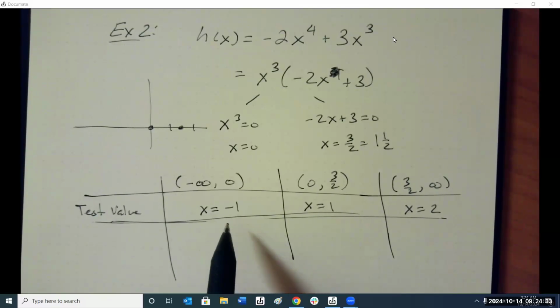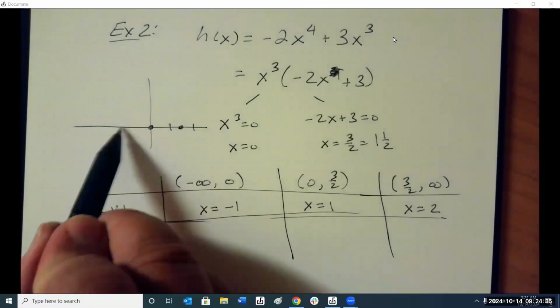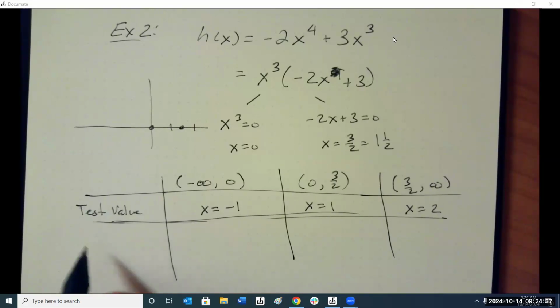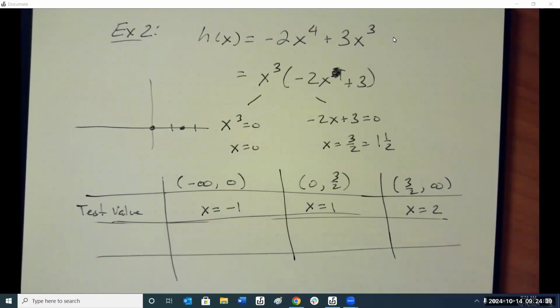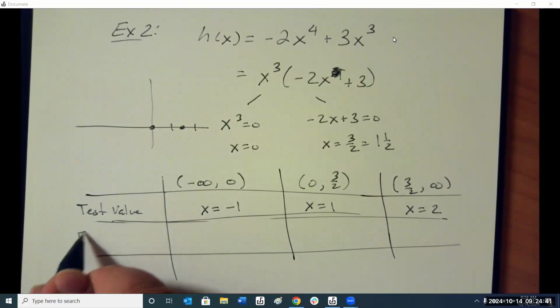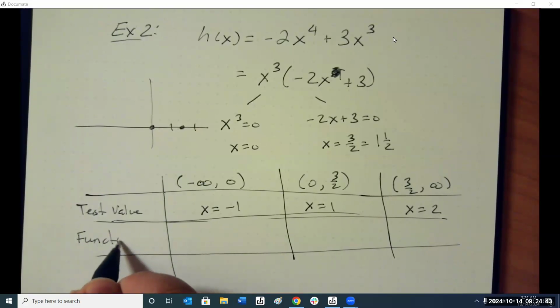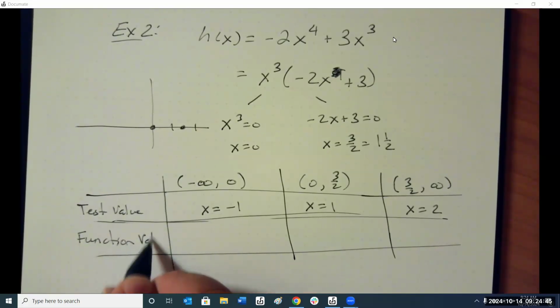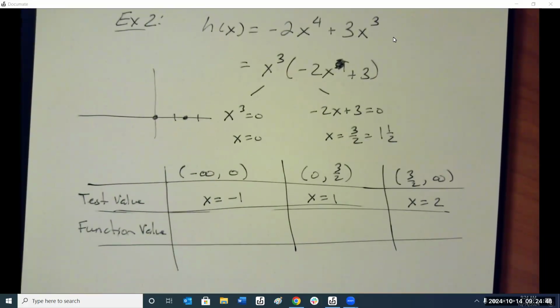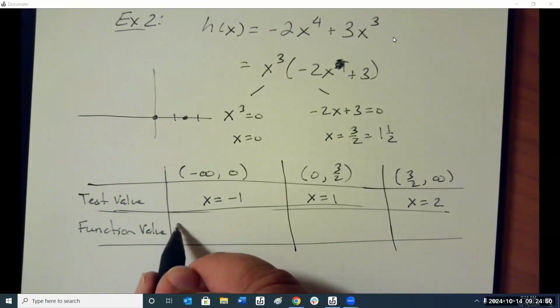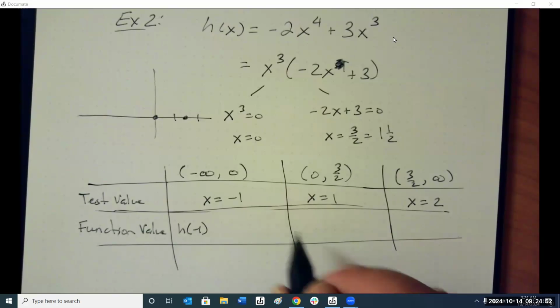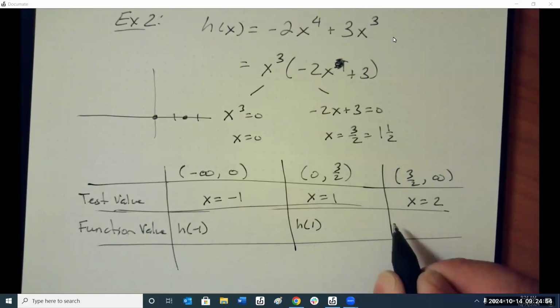And what do we do with these? Because now we're looking at this side, this one here. The function value. So what you're going to do here is put those values inside your function.